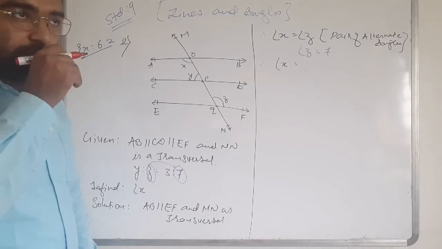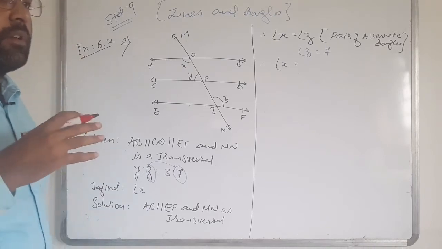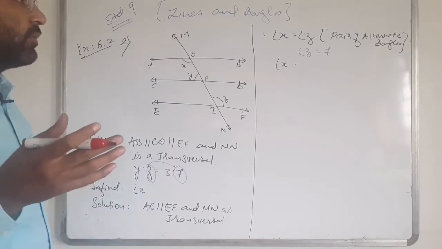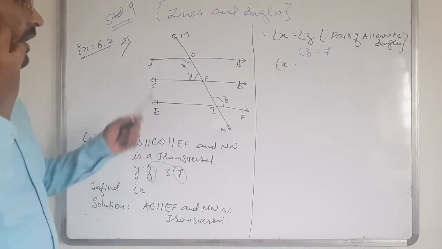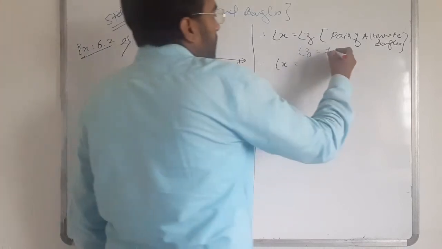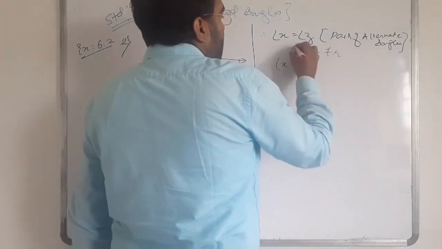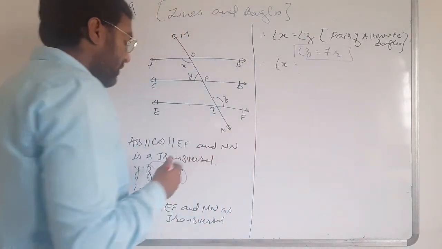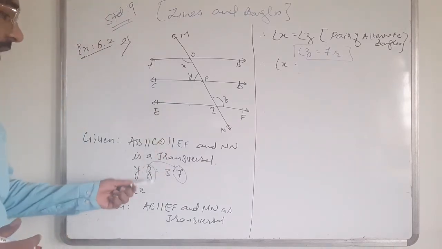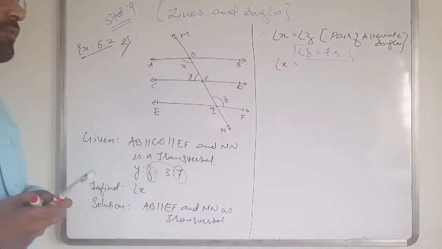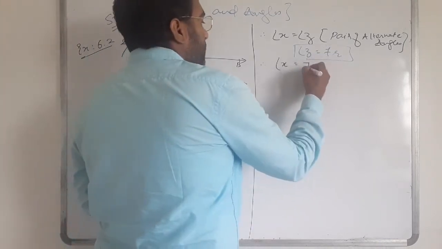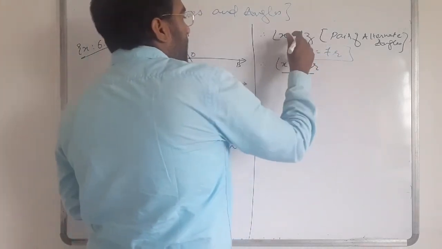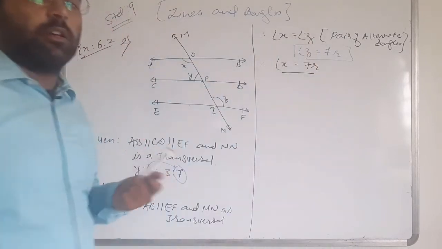So I'll take a constant variable, not P, Q, S, T, U, V, W, but R. So we take Z as 7R. So the value of Z is 7R. Therefore my value of X is also 7R, because X and Z are equal.